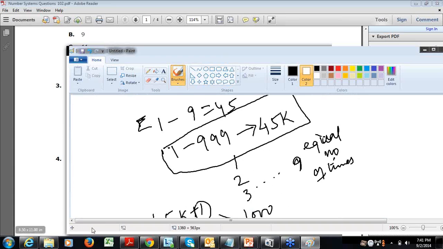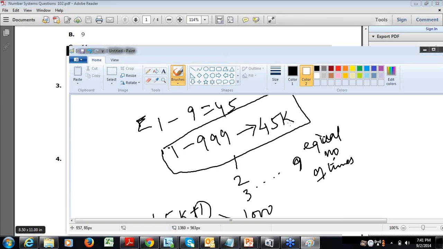Okay. See, from 1 to 9, the sum will be 45. So from 1 to 999, the sum will be of the form 45k, because each of the digits 1, 2, 3, 4 will occur an equal number of times.